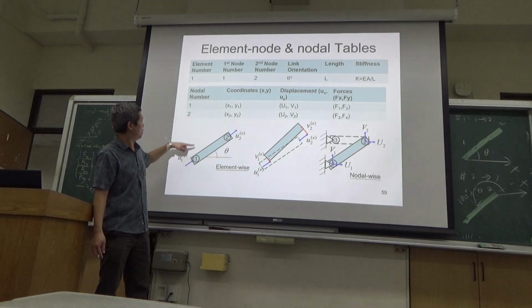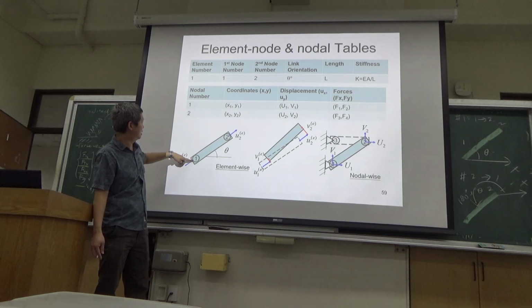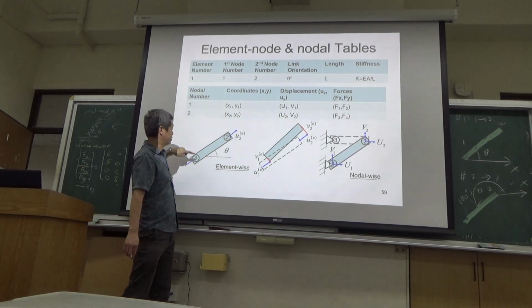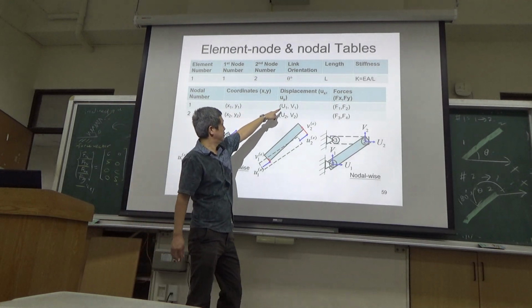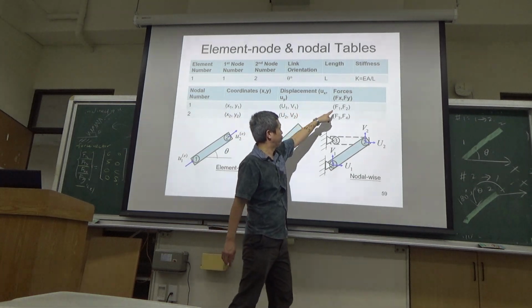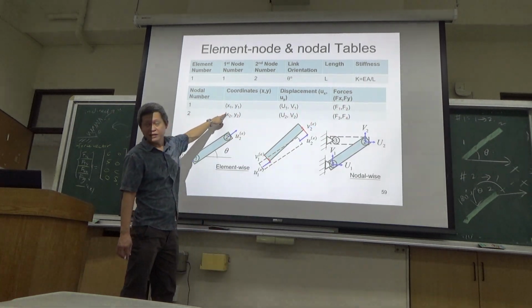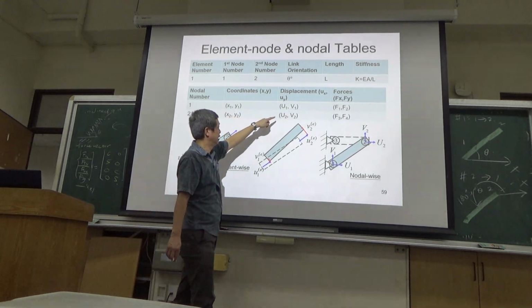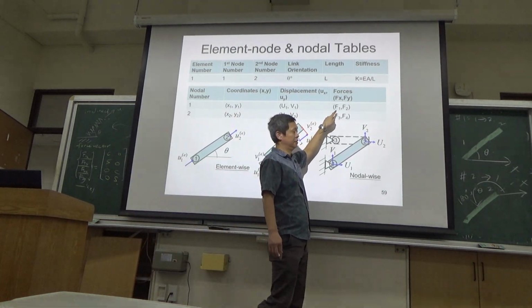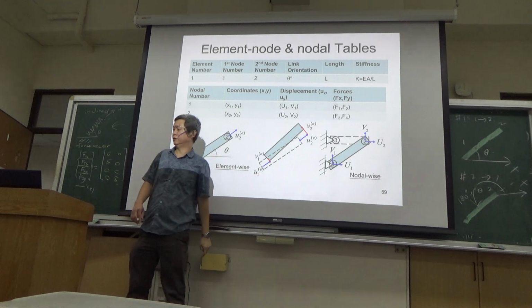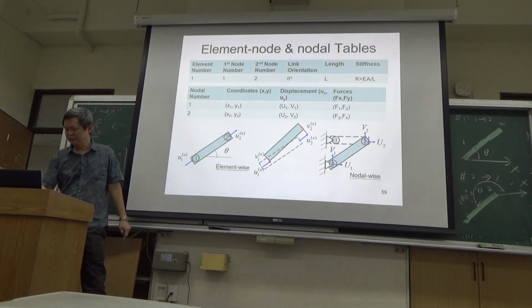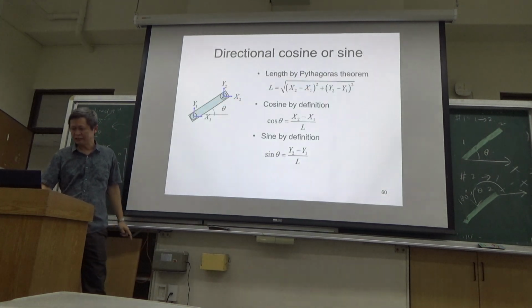Node 1 has the coordinate x1, y1, displacement u1, v1, force F1x, F1y. Node 2 similarly can be expressed as coordinate, displacement, and the forces. And then how do you define the angle?